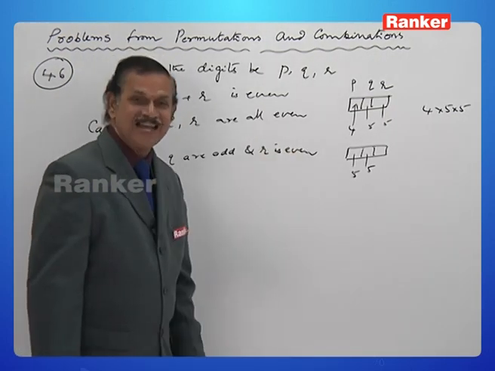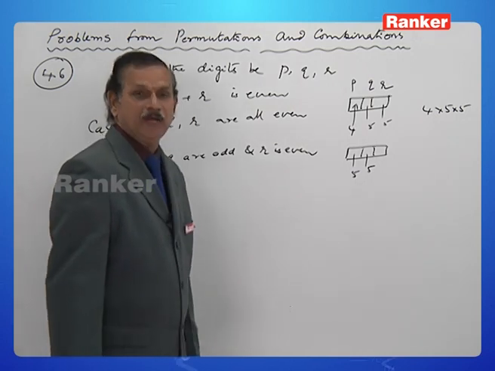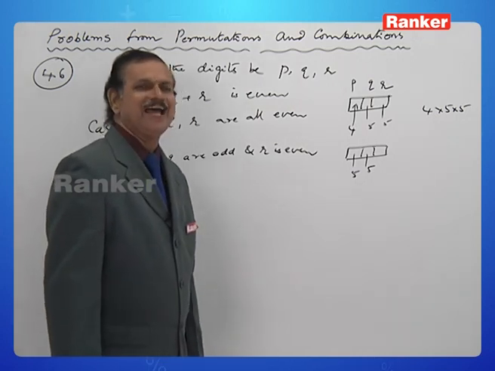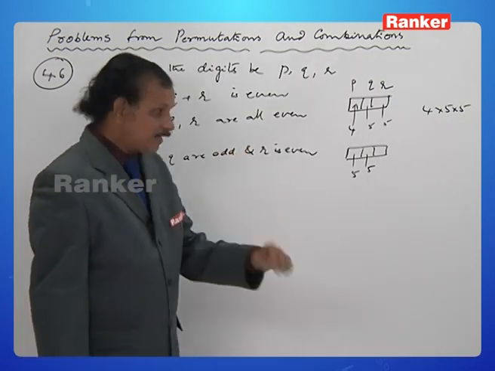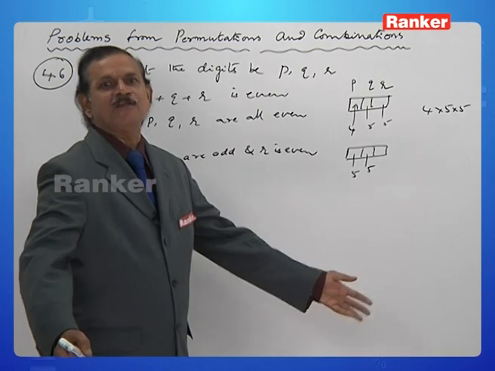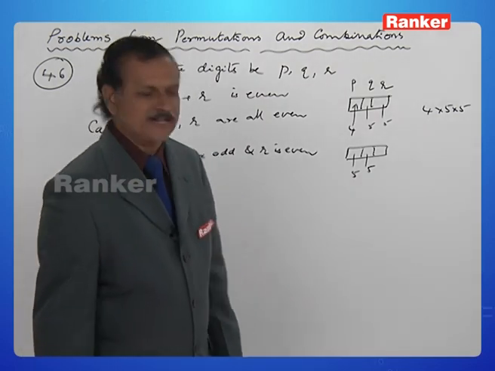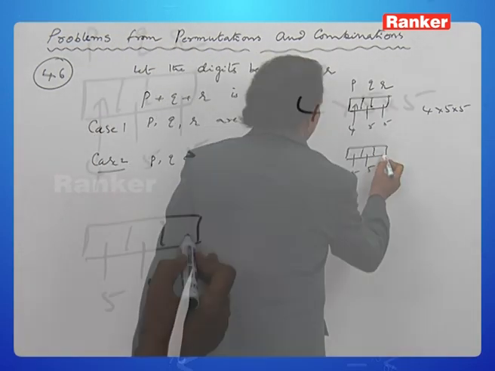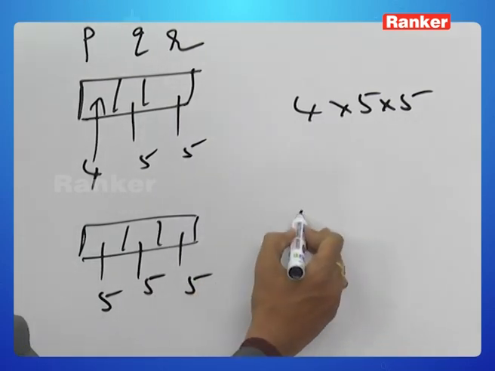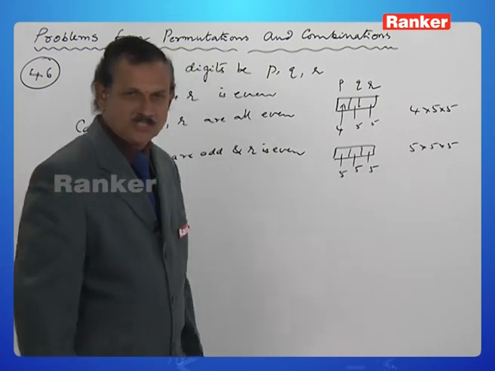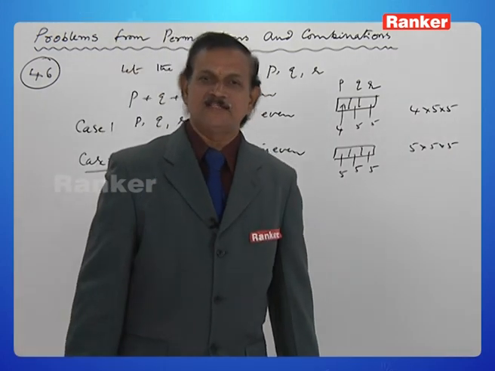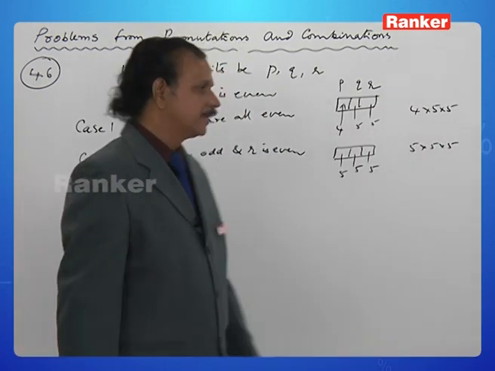And what about the last place? It must be even. How many even digits are at your disposal? 0, 2, 4, 6, 8, that is 5. Can you place 0 there? Why not? It is not the first place. You can put 0 there also. Therefore, this can be filled in 5 ways. Altogether, the total number of such numbers in this case will be 5 into 5 into 5, that is 125.